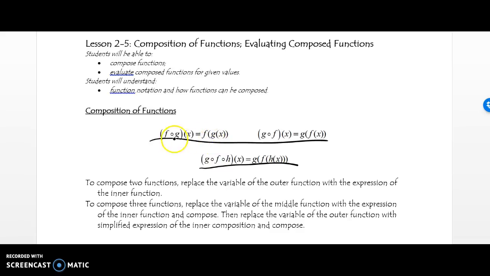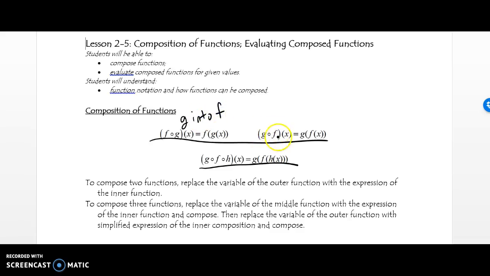when you see this, it looks like an O, but it really isn't. I kind of call it f of g, but this open circle does not mean multiplication. It means we're putting the function g into f.